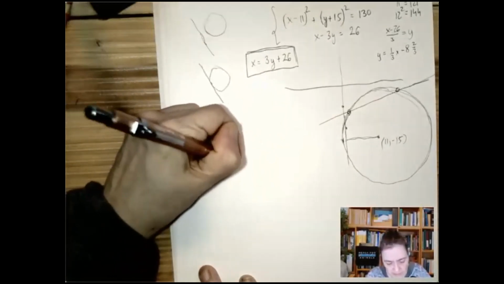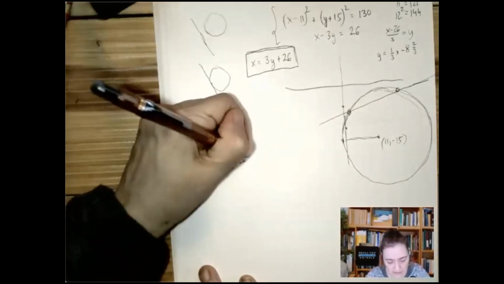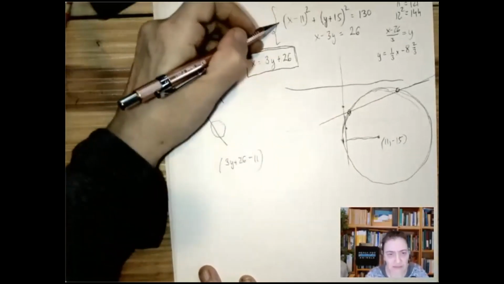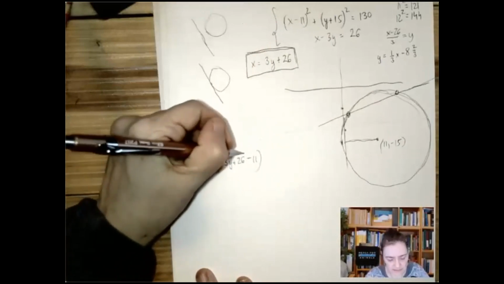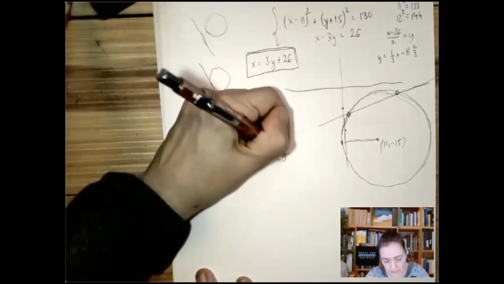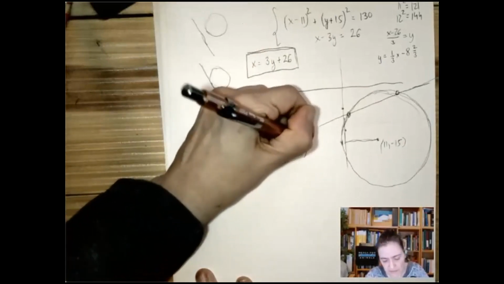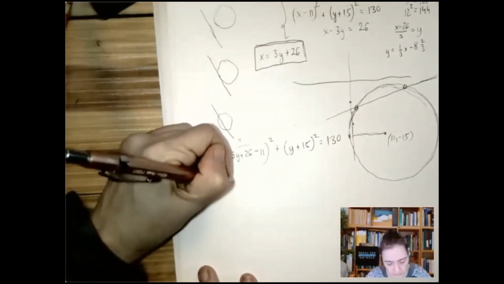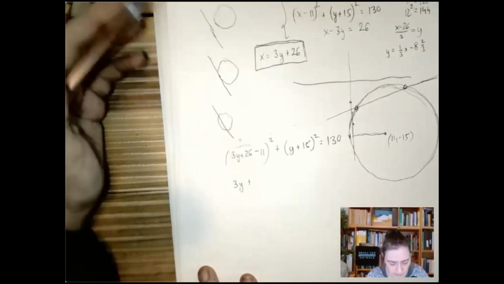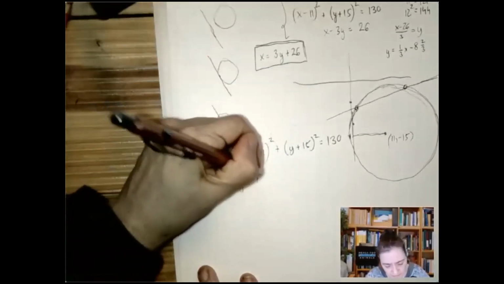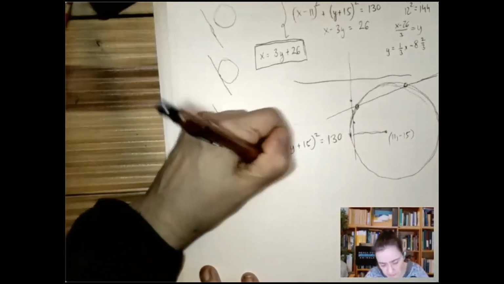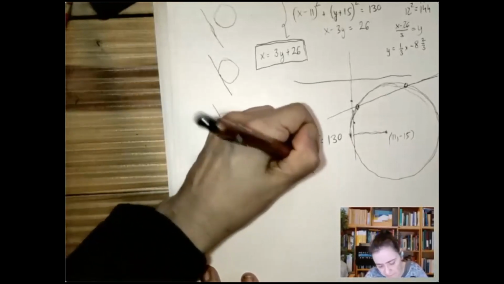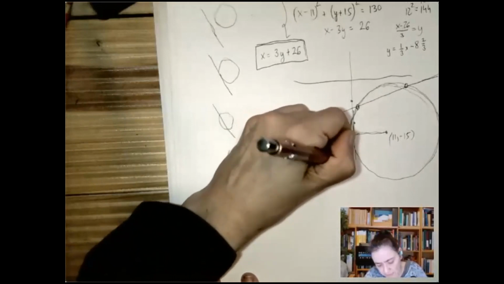3y plus 26 is x. We have to subtract 11 to get, this is (x minus 11) squared plus (y plus 15) squared equals 130. All right, so we have (3y plus 15) squared plus (y plus 15) squared is 130.